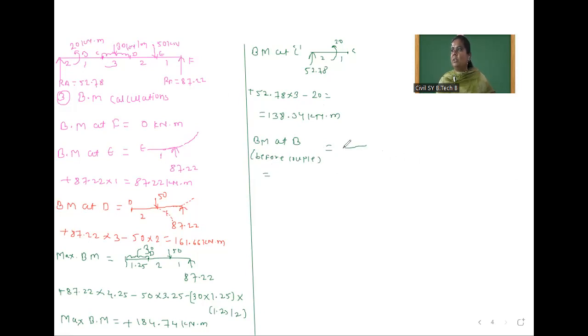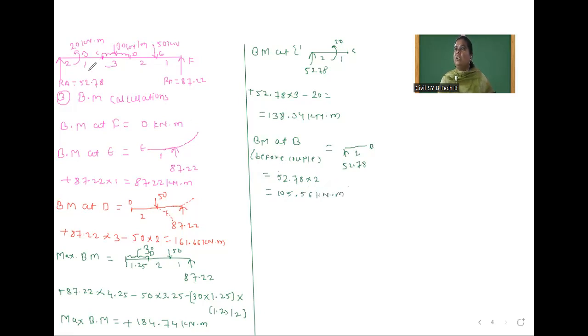So before couple, that means only one force is there, 52.78, and this is B point, and this 2 meter span is there. So 52.78 into 2, which is equal to 105.56 kilonewton meter.